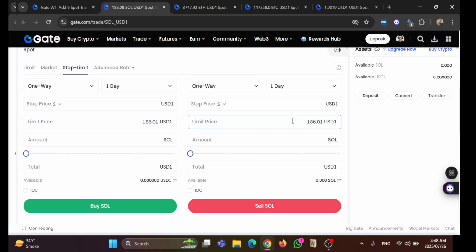When the market price is 186, then we have to set when it will go to 170. When the price reaches 170 USDT, it will automatically be sold.